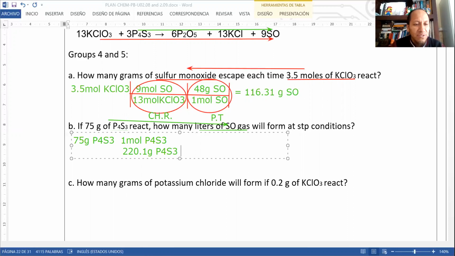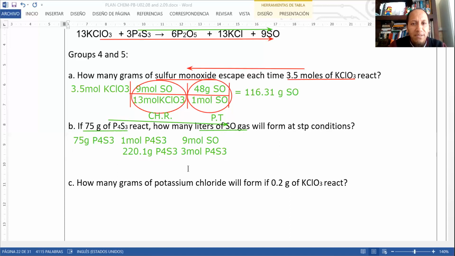My conversion factor in the reaction says that 3 moles, I put that in lowercase, make sure you always do that, 3 moles of P4S3 have the equivalence of 9 moles of SO, because that's what I'm looking for according to the arrows I just put in the upper part.